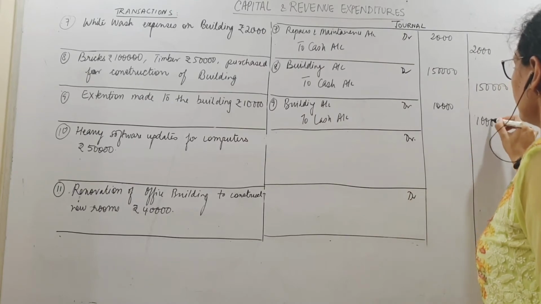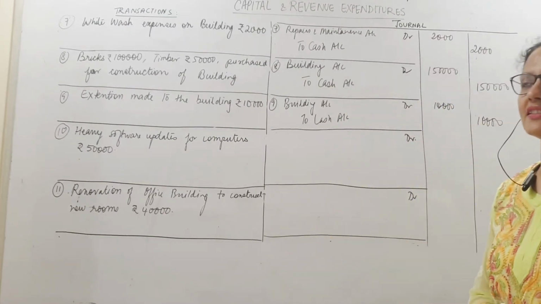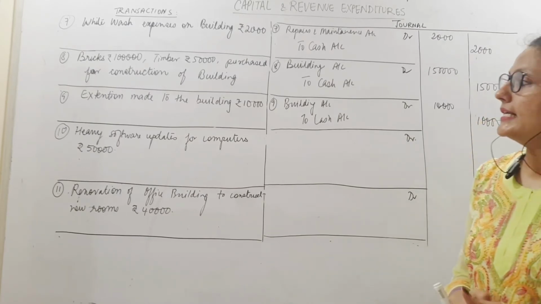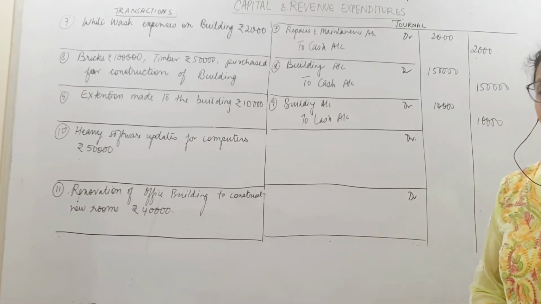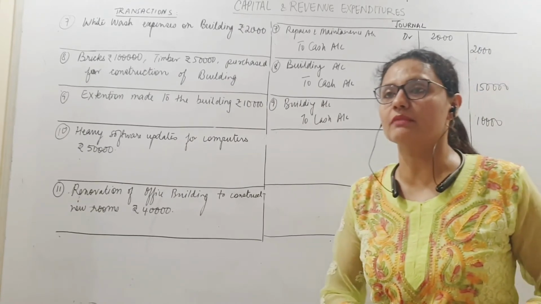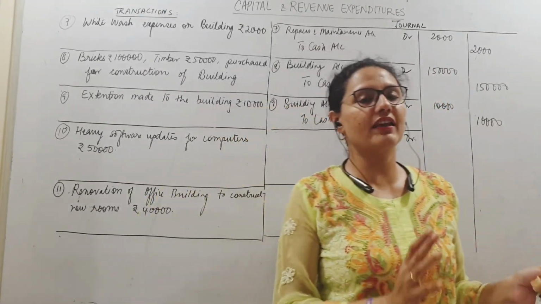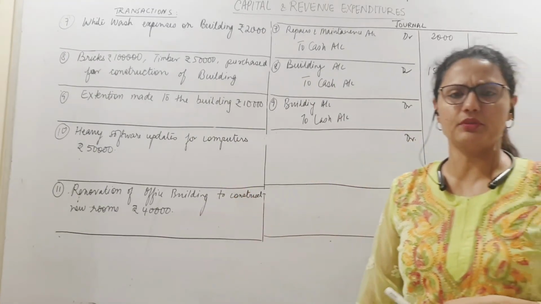So you need to do a bit of reasoning within yourself before deciding whether this is a capital expenditure or revenue expenditure. Now, heavy software updates for computers. Computers have two main components, hardware and software. Hardware is the physical part of the computer.